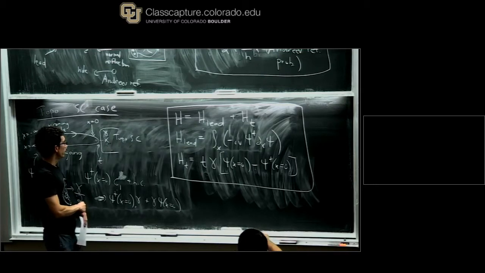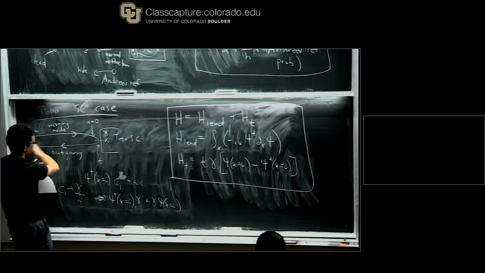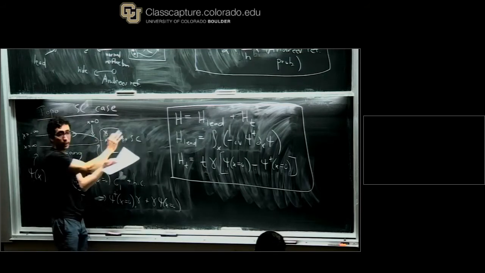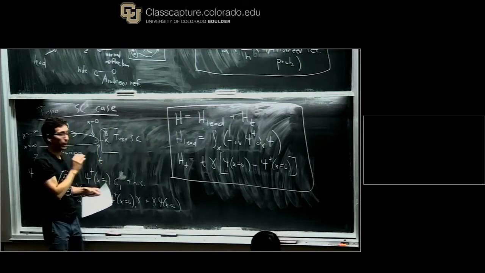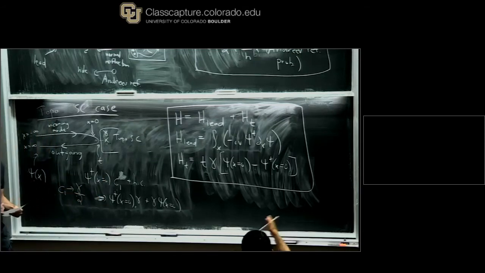Is B very small compared to the gap of the topological superconductor? Yes, I'm assuming that I only want to probe energy scales which are small compared to the bulk gap of that topological superconductor. That's what justifies me doing this kind of projection and not writing down the other Hamiltonian for the topological superconductor.